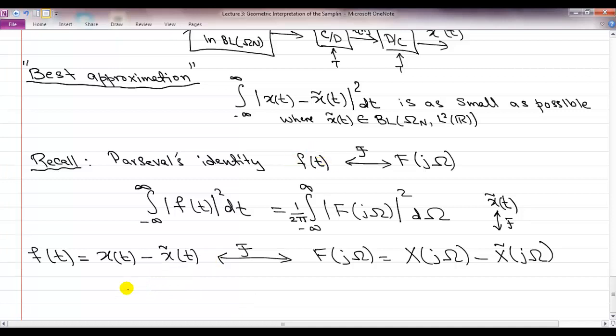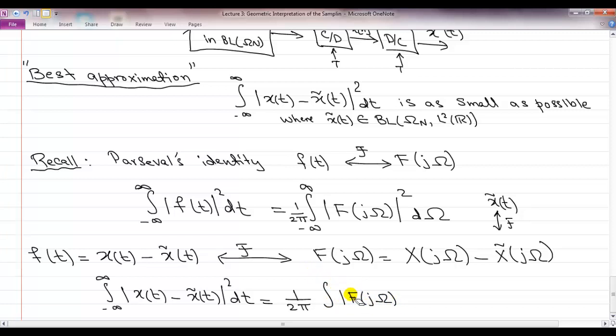So I can then write, because of Parseval's identity, the error in my signal and its approximation by a band-limited signal, that is equal to the error in the Fourier transform of my signal and the Fourier transform of my band-limited signal squared, d omega.